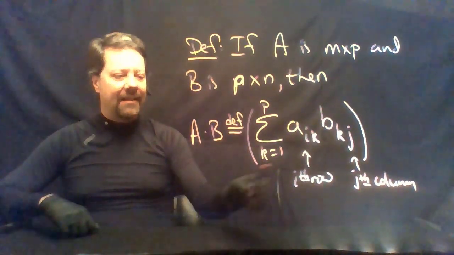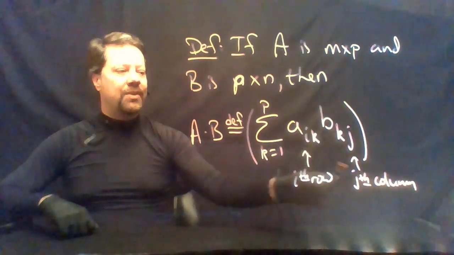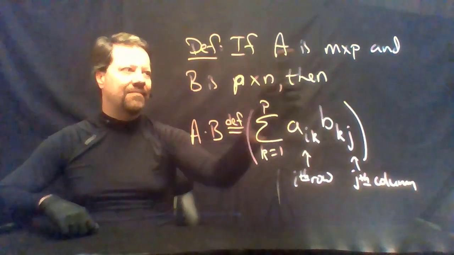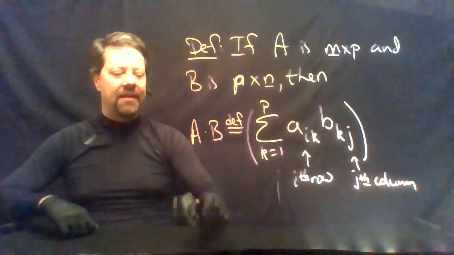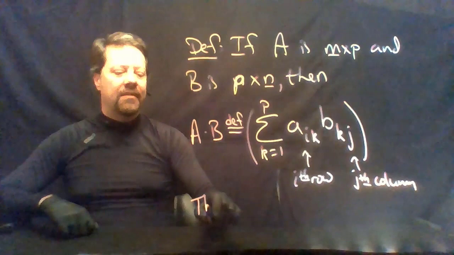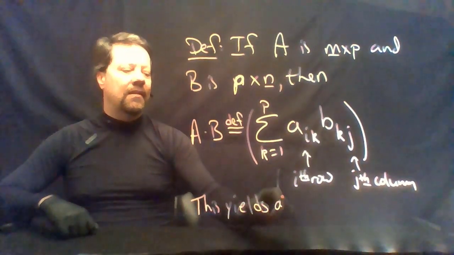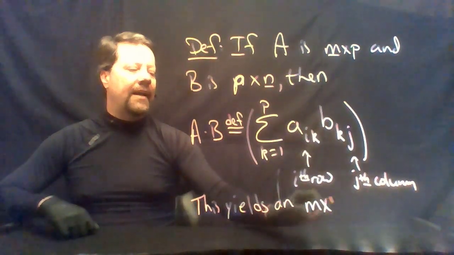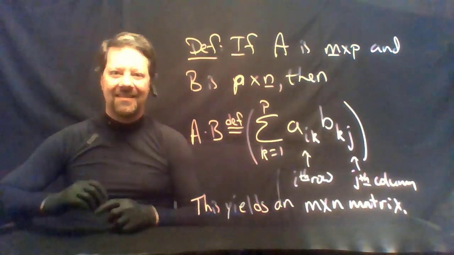First, note that the product will have the same number of rows as the first matrix A and the same number of columns as the matrix B. So this yields an m by n matrix.